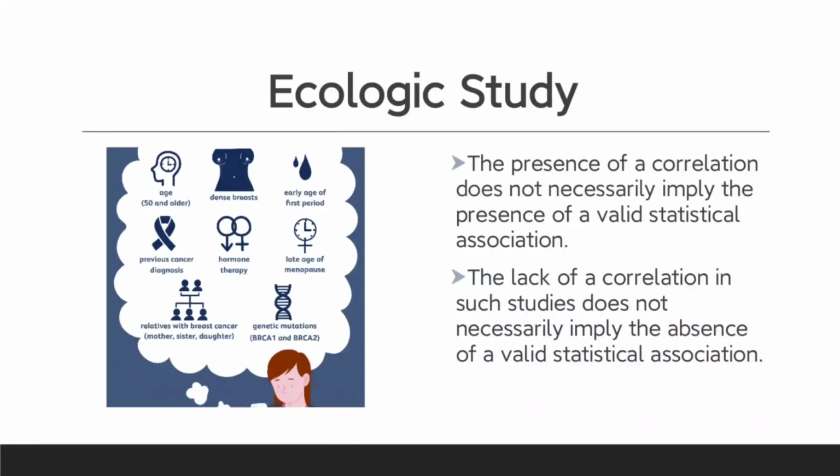So, for example, in 1964 to 1965, a study was conducted about the average per capita daily intake of pork in relation to breast cancer mortality rates in 28 countries. So, they looked at the daily intake of pork and its relationship to breast cancer mortality rates in 28 countries.